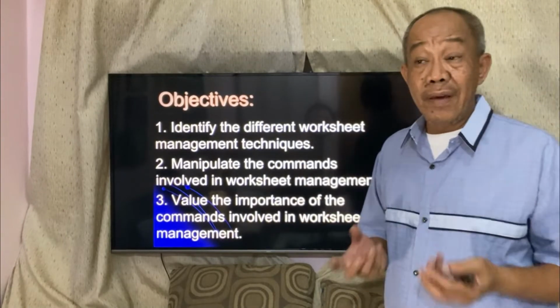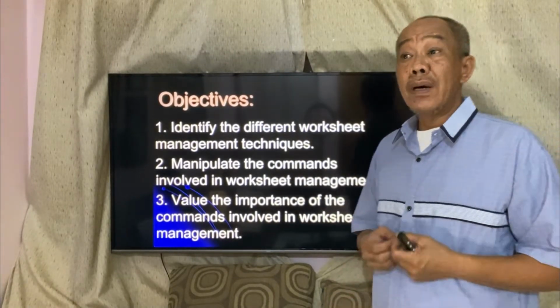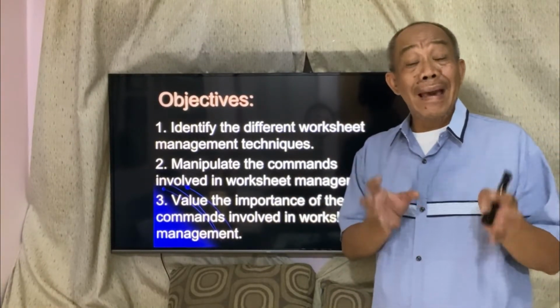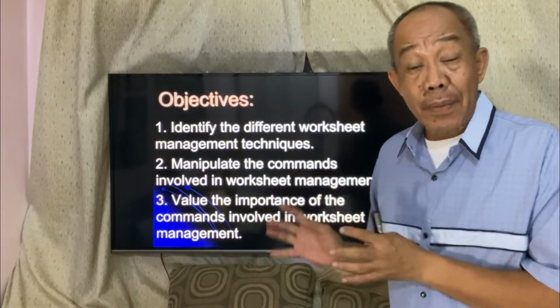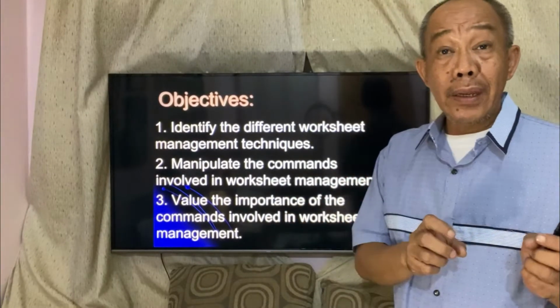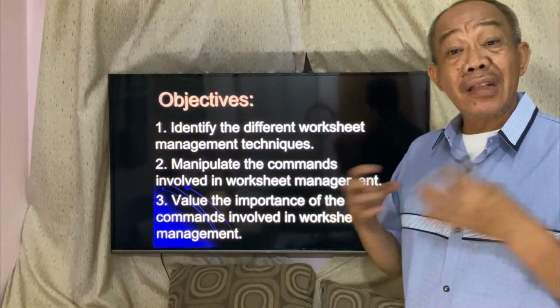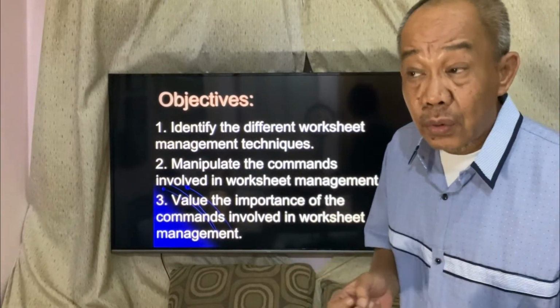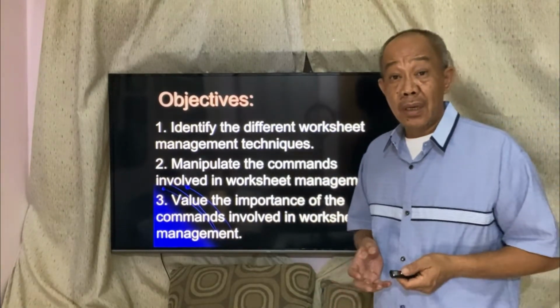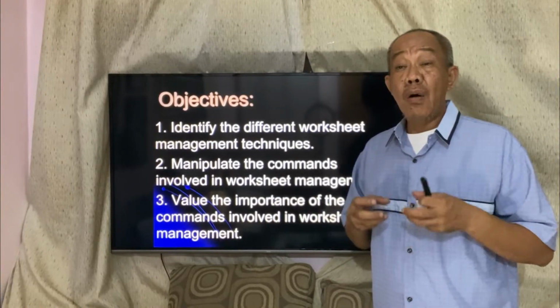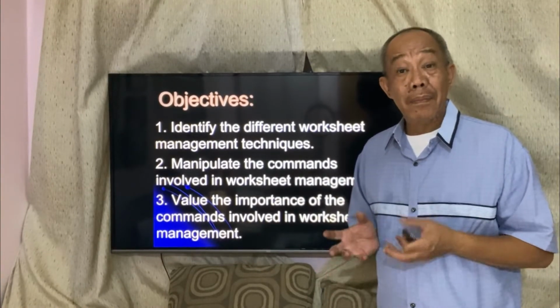When we say value the importance, we must know how to apply these commands properly. When is the time that we're going to use these commands, and how are we going to apply them properly?